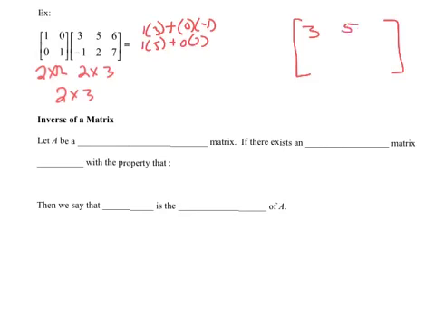So what you can see is the 1 is just repeating everything in that row, and the 0 is negating everything in the second row. So you end up with 3, 5, 6. If you do the same thing in the second row, that means I'm going to do the second row, first column, and what this 0 is going to do is take out all the first numbers, and the 1 is going to leave the second numbers.